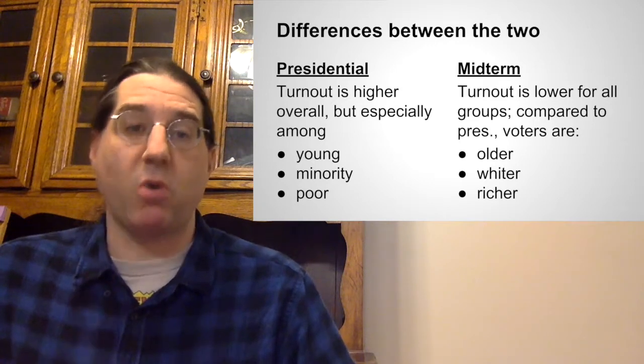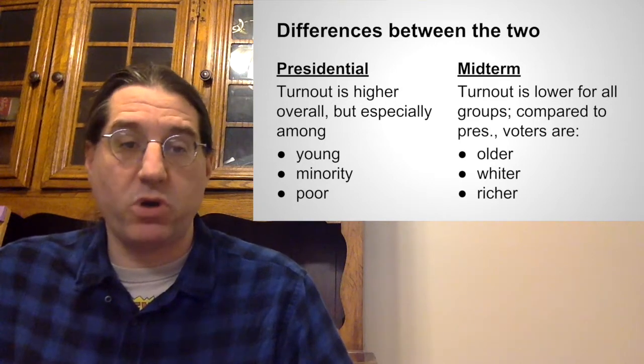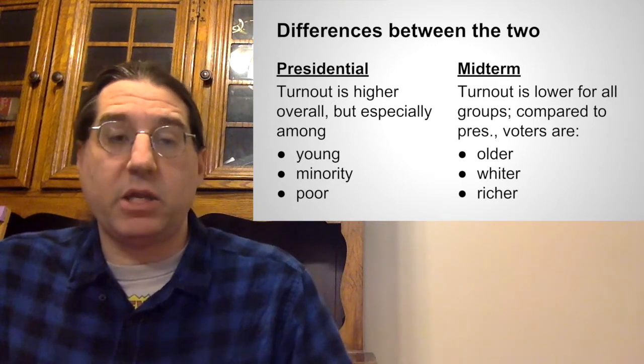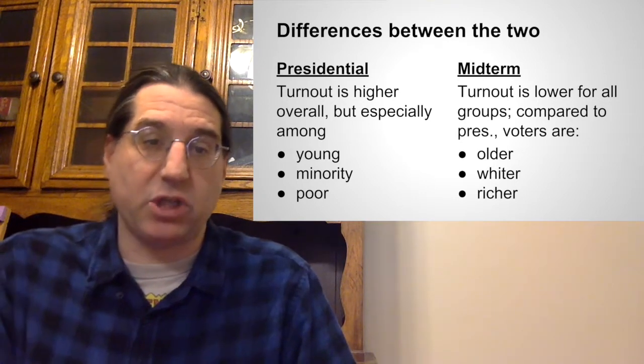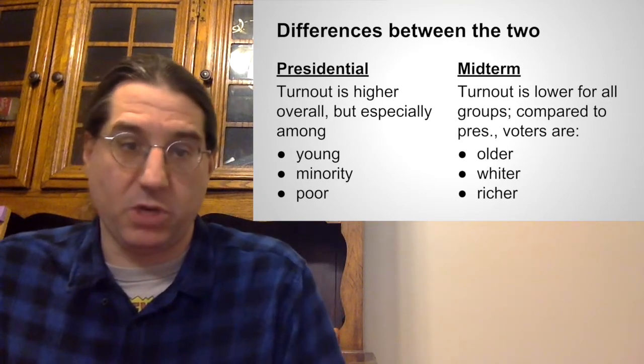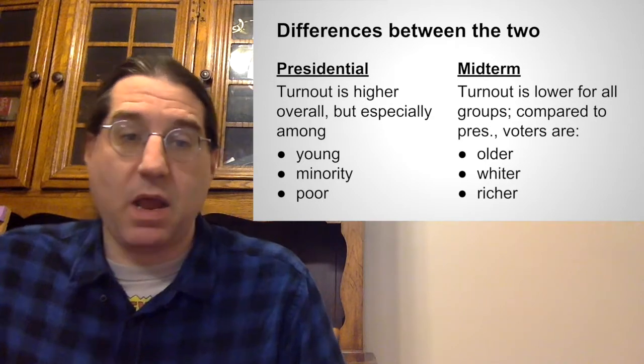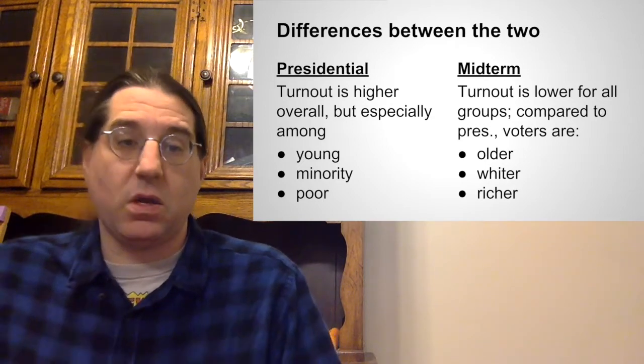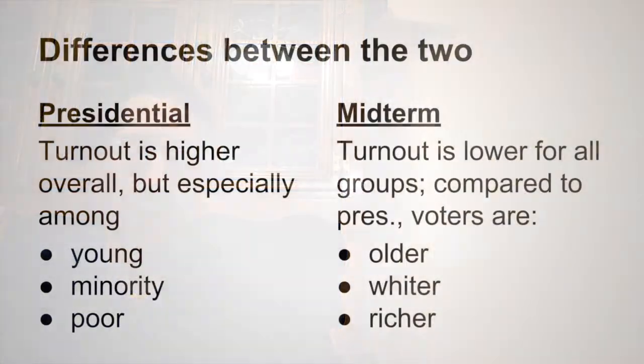Younger voters, minority voters, lower income voters, they are more likely to show up for a presidential election but then not show up at the midterm election, which can make a difference in who will be successful and who will win in those midterm elections.